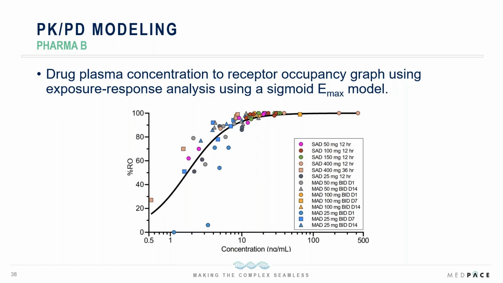In the next example, MRL produced the receptor occupancy data, and then the biostats at Medpace used the plasma concentration of the drug that had been established by MBL through LCMS, and they did an exposure response analysis using a sigmoid Emax model, where we can see how the receptor occupancy is in a dose-dependent relationship with the drug plasma concentration.